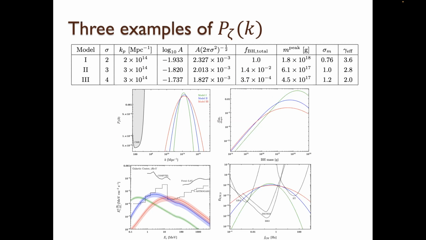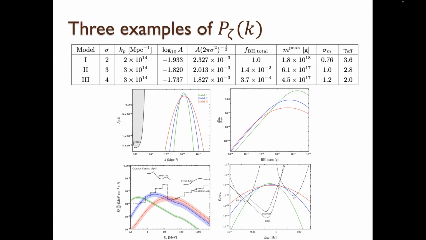This is just a log-normal curvature perturbation from these three numbers, and we can calculate the mass density of the primordial black hole from this curvature perturbation, and pick around 10 to the 18 grams, which is asteroid-mass. From this, we can also calculate the gamma ray spectrum around the MeV-ish range.